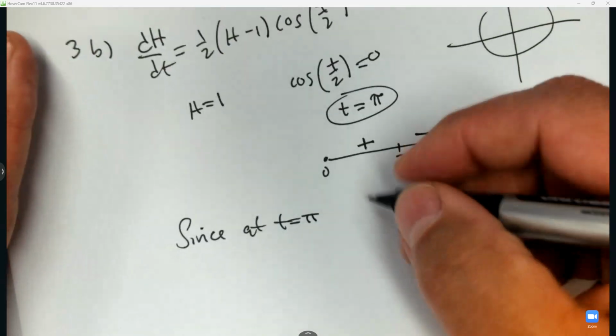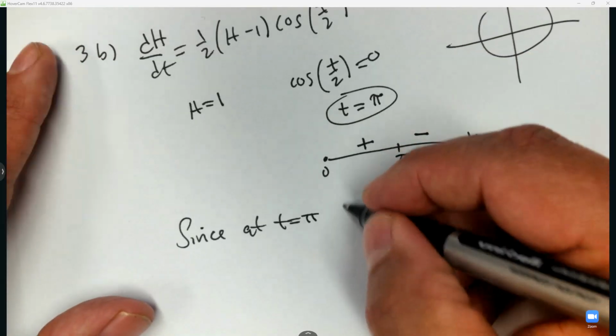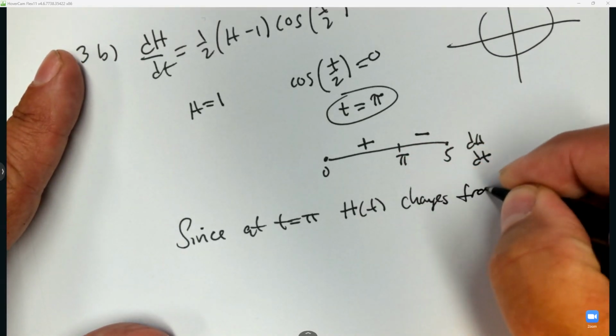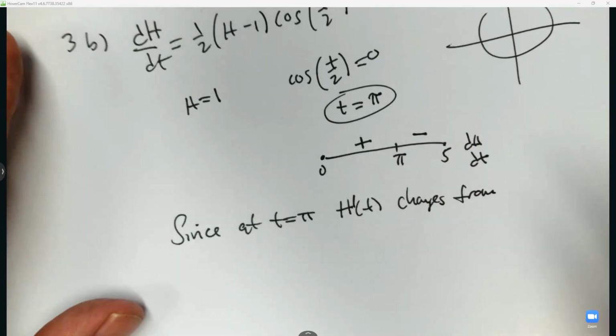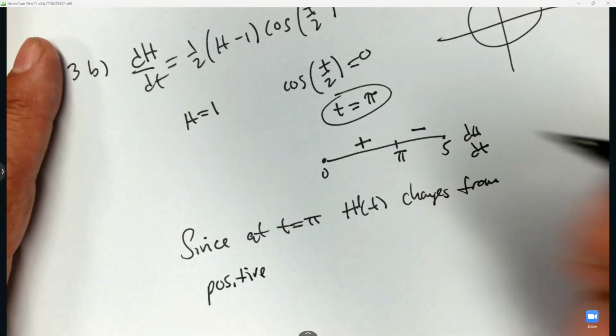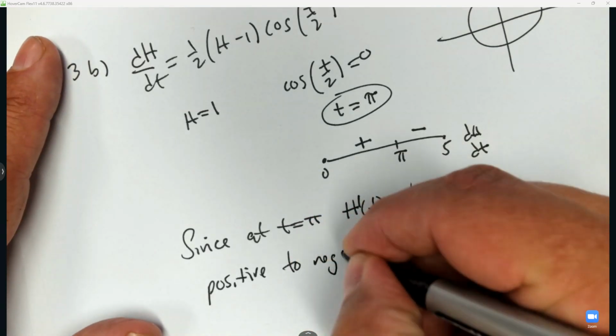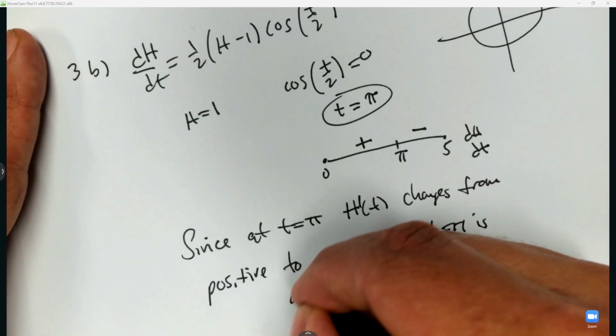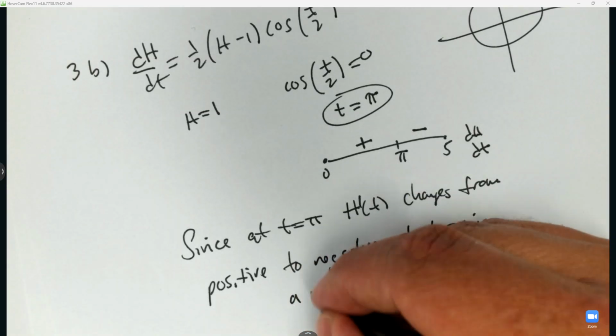So since at t equals pi, the derivative changes from positive to negative, it is a relative maximum.